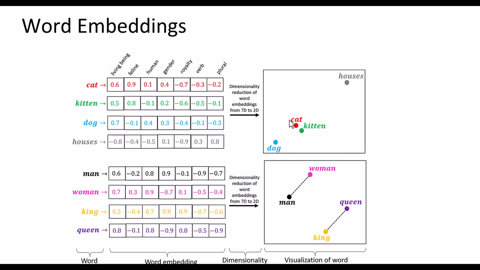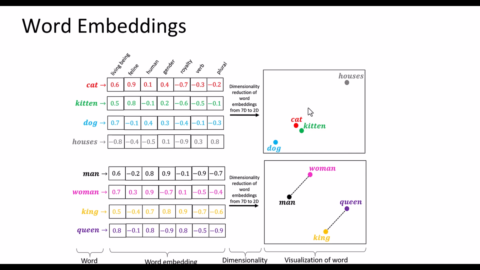Like cat and kitten, these are similar tokens, so they are placed together in the vector space. Thereafter you see dog and houses. Which one is more similar to cat and kitten? It's the dog. House is not as similar as the dog. So cat, kitten, and dog have a smaller distance as compared to cat, kitten, and houses.